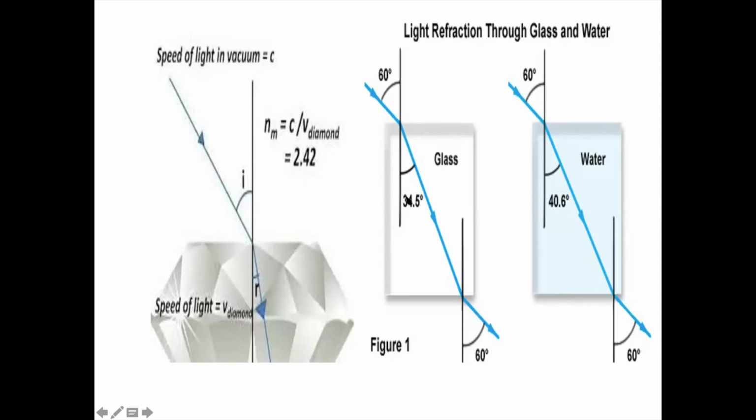For glass, the angle is 34.5 and the value is 1.5. For water, the angle is 40.6 and the value is 1.33. So 40.6 is for 1.33 refractive index, 1.5 is the refractive index of glass, and 2.42 is the refractive index of diamond. What it is saying is that as the ray comes nearer to the normal, the refractive index value is increasing.